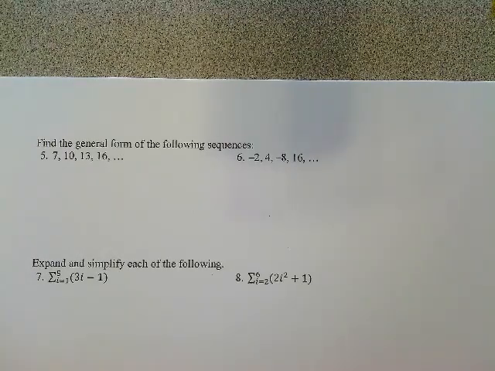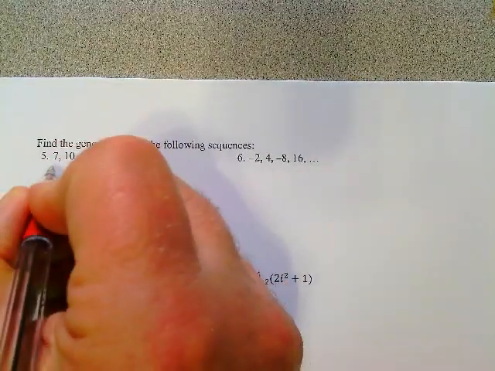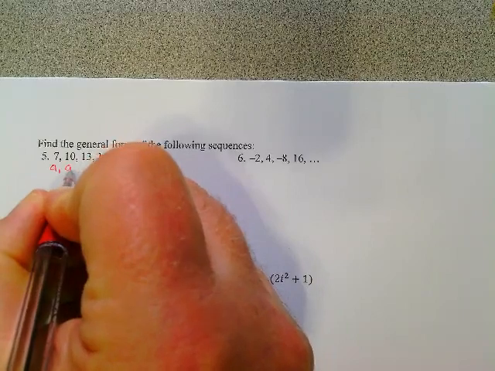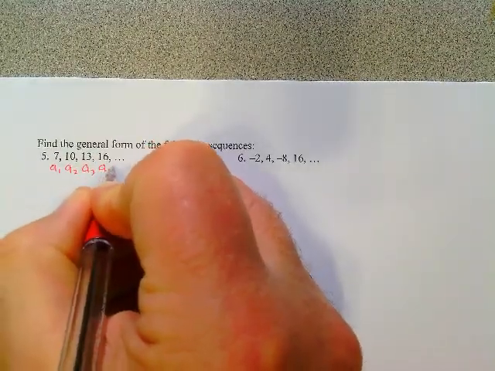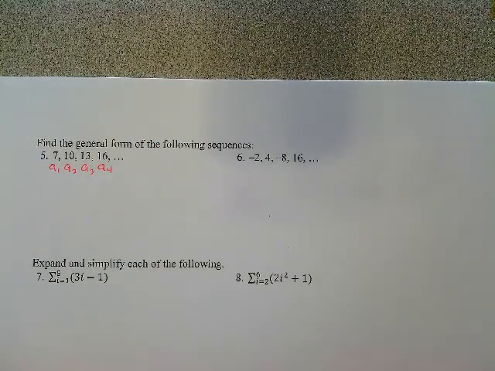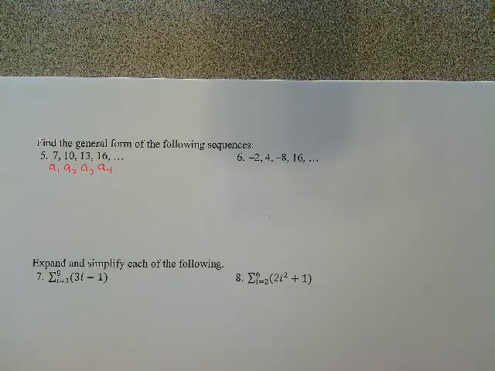And when you want to do that, the first thing you want to do is label your terms. So here, that's A1, that's A2, that's A3, and that's A4. And then what you want to do is look for a pattern. A pattern in your numbers will give you a handle on what the general form may look like.